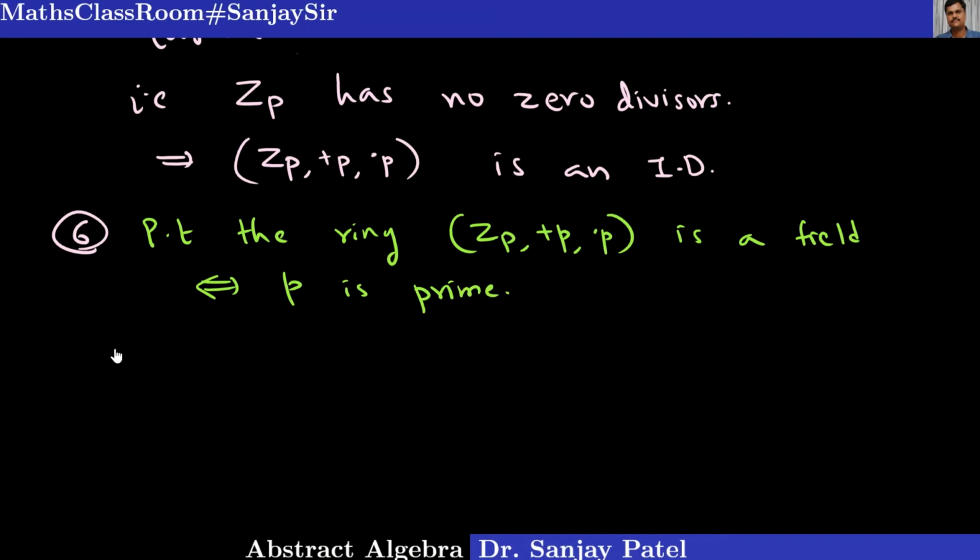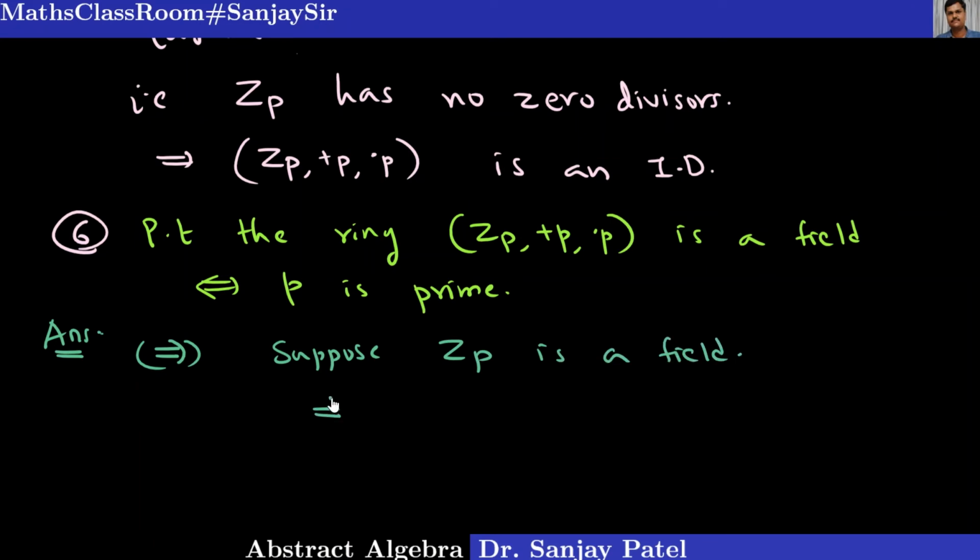See, this is very, very simple, and I will not write in detail, just show you the main steps. There are again two parts. In this part, suppose Zp is a field, and we know that every field is an integral domain, which we already proved.